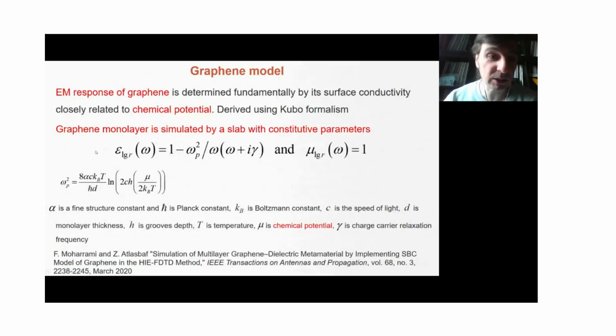It depends on frequency and also on omega p, which is like plasma frequency, which has this form. It depends on a number of physical constants, also geometrical parameters, temperature, and here is the chemical potential, which could be varied by applying a static electric field, and by changing chemical potential, one may control epsilon of the graphene layer.